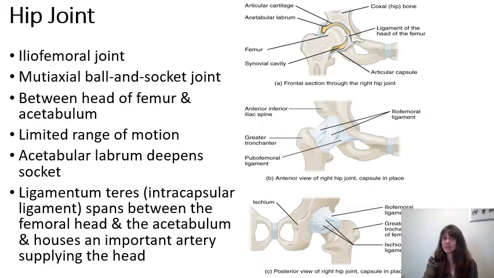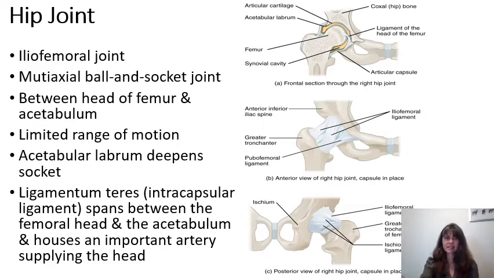It does have a limited range of motion because the acetabular labrum deepens the socket, and the socket of the acetabulum itself is much deeper than the glenoid cavity. There are also more ligamentous and muscular structures that help to hold the iliofemoral joint in place.